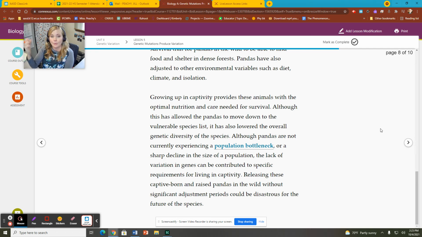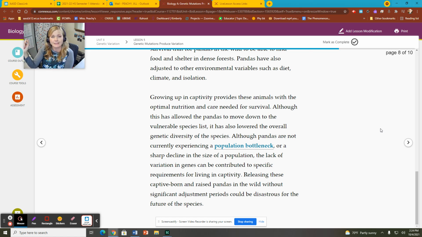What results in a reduction of genetic variation? One of those things is called a bottleneck, a population bottleneck. Basically, what happens with a population bottleneck is that the population is drastically reduced in size because of some external factor that has nothing to do with any of the characteristics.